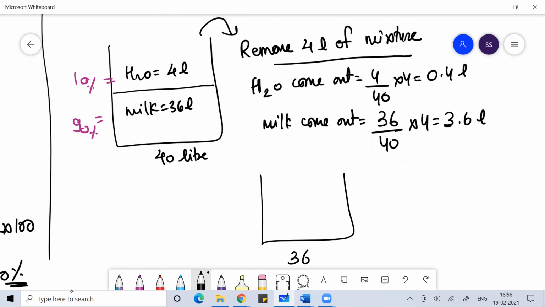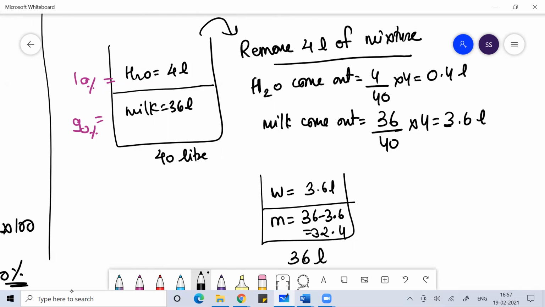So now you have 36 liters. In that 36 liters, how much milk is left? From 36, you remove 3.6, so that is 32.4. How much water is left? 4 minus 0.4 means 3.6 liters.